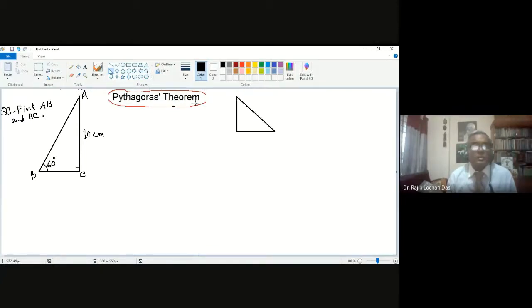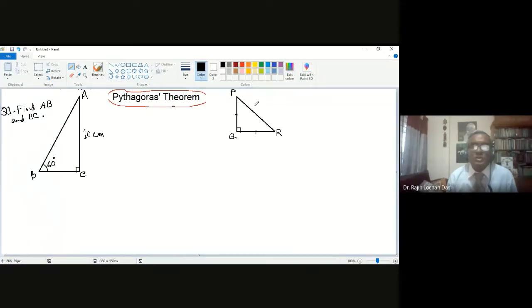This is the 90-degree angle, you already know, and here the two sides are the same. The triangle is PQR, two sides are the same.